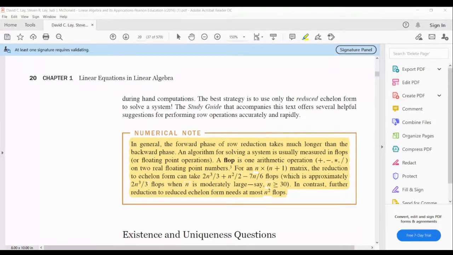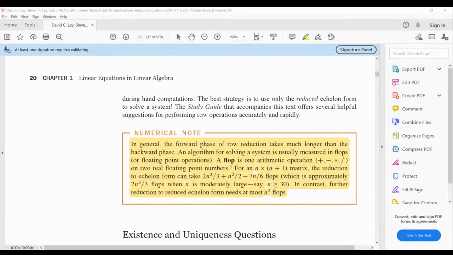Well, there are numerical notes in every section of the book. Thank you, Olivia. So they talk about flops. A flop is an arithmetic operation, adding, subtracting, multiplying, or dividing, on two real floating point numbers. If you have an n by n plus 1 matrix, in other words n rows and n plus 1 columns, they tell you how many flops are needed to do the reduction algorithm.